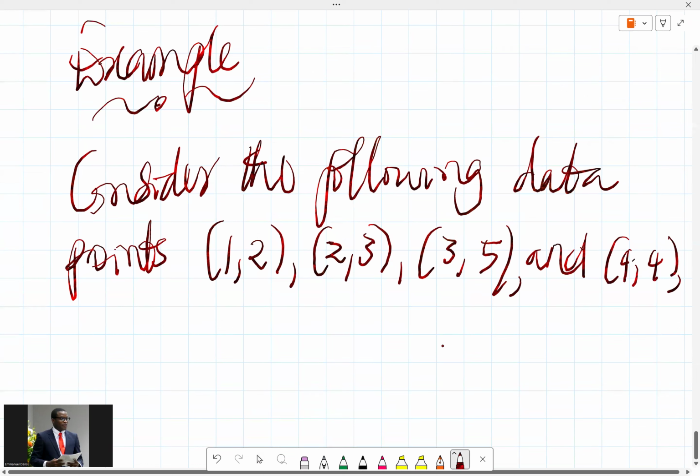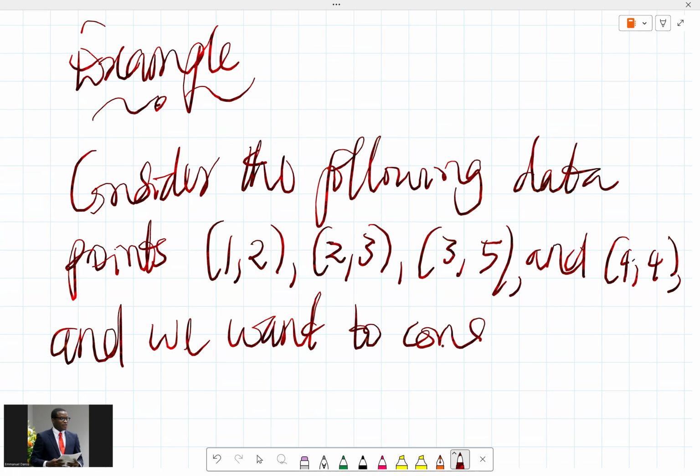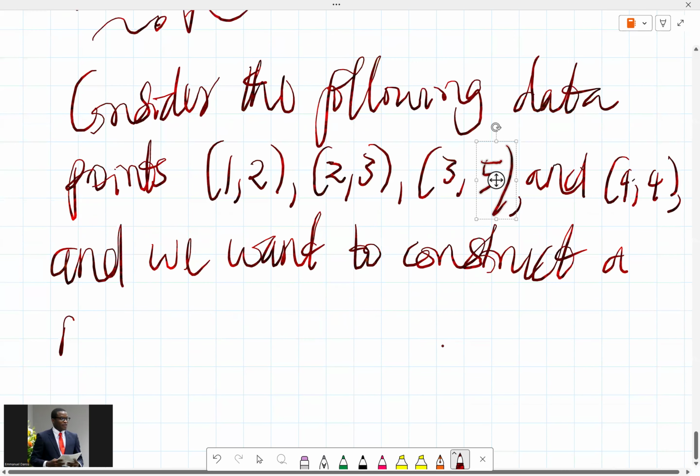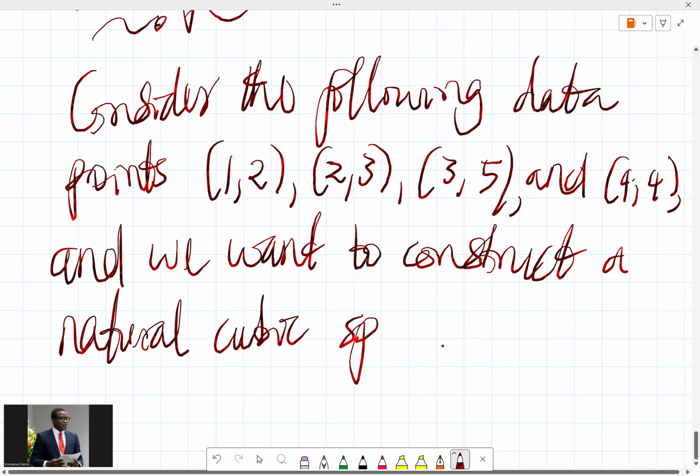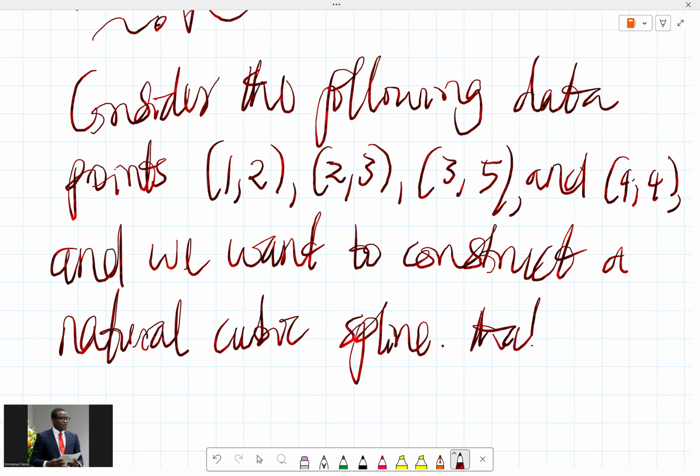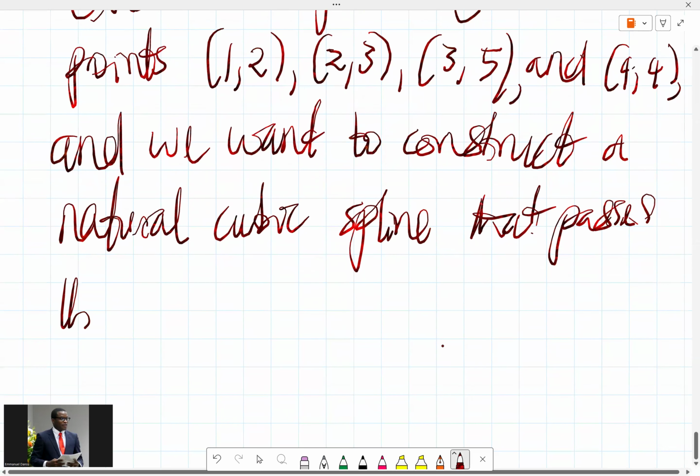We want to construct a natural cubic spline that passes through these points.